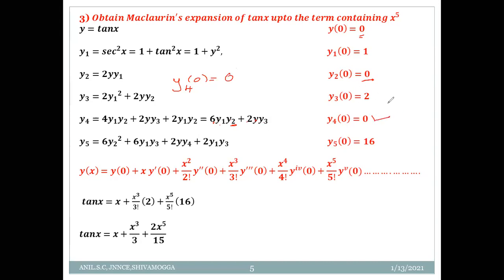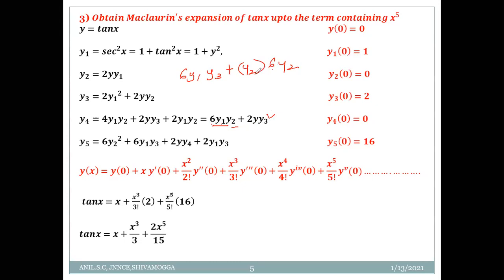Last, we find y5. To find y5, differentiate this with respect to x. First, I differentiate this. 6y1 is first function and y2 is second function. 6y1 into derivative of y2 is y3 plus y2 into derivative of 6y1 is 6y2.